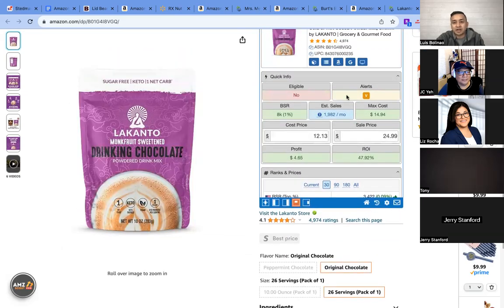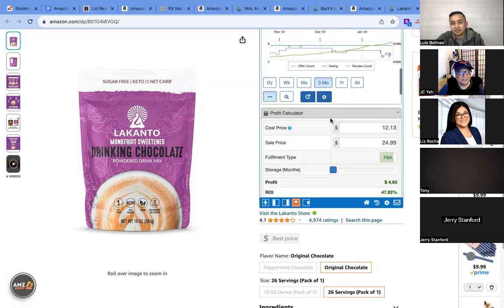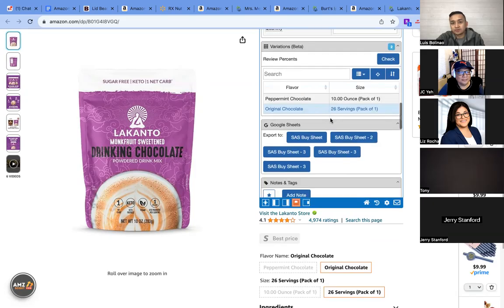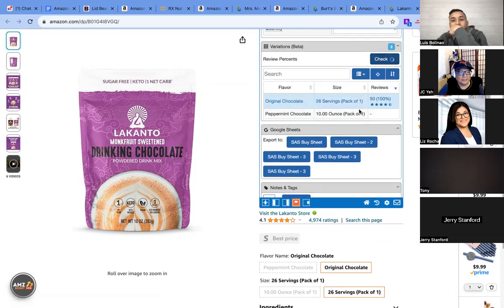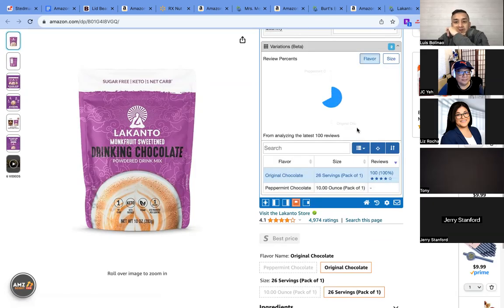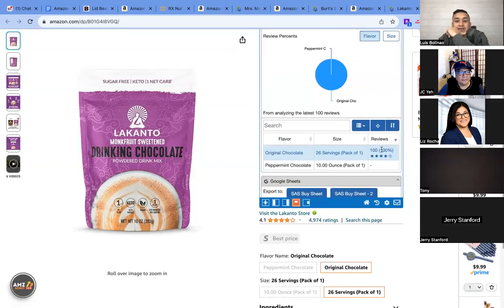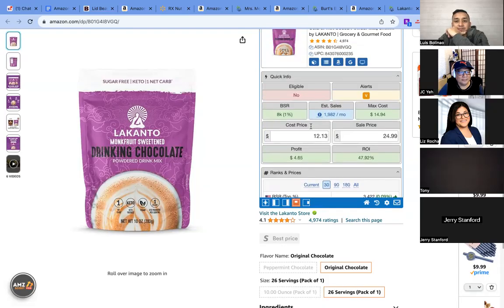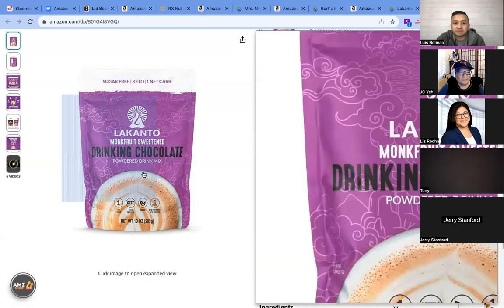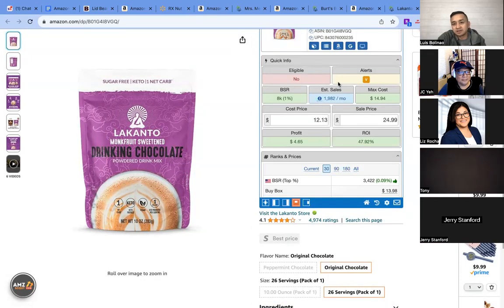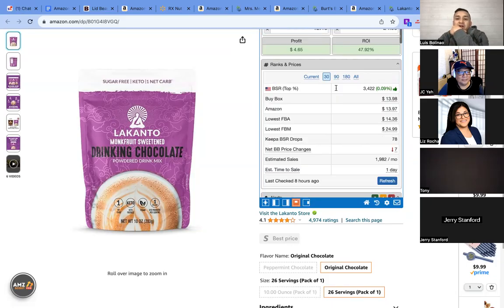So the way to calculate the exact sales per month is to go to variations here and check. So this one is saying this variation is getting 100% of the sales, right? Meaning this product is getting like 1,900 sales a month.